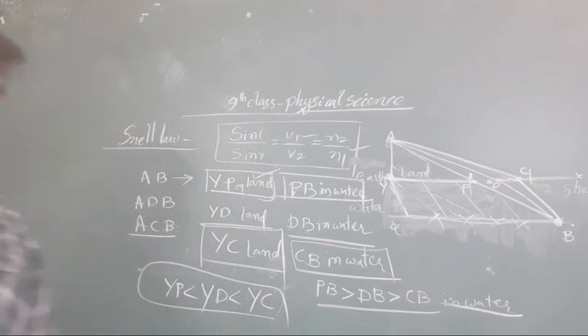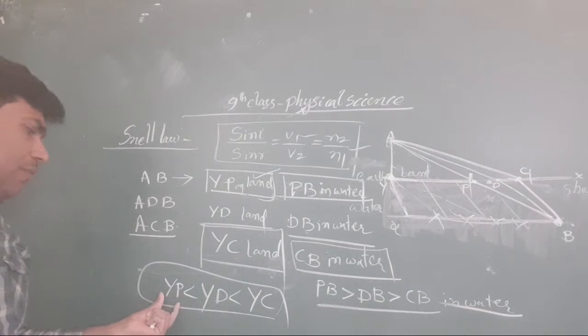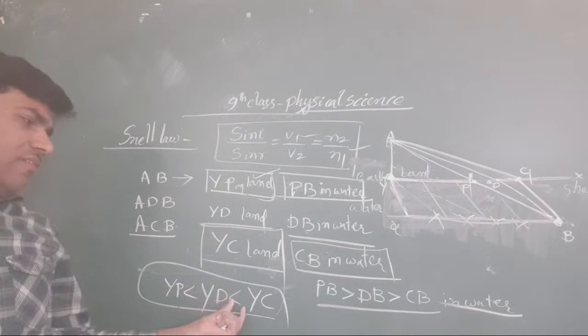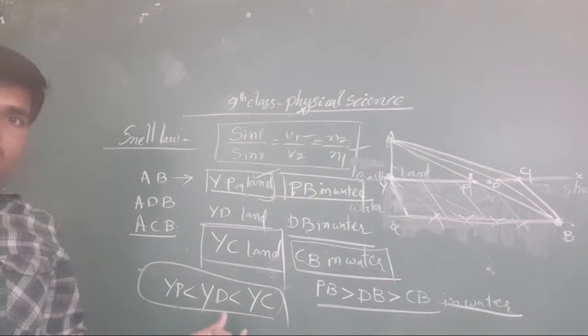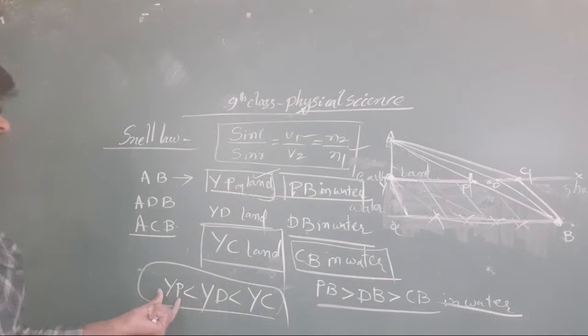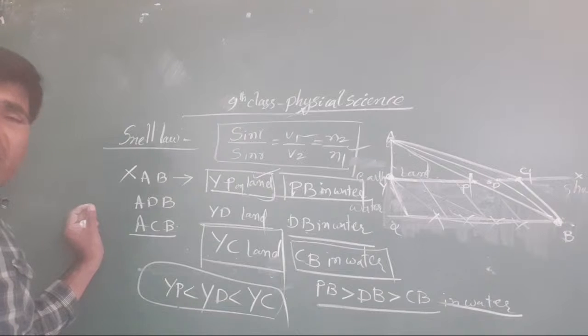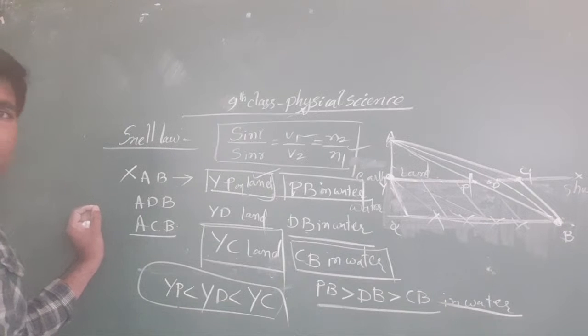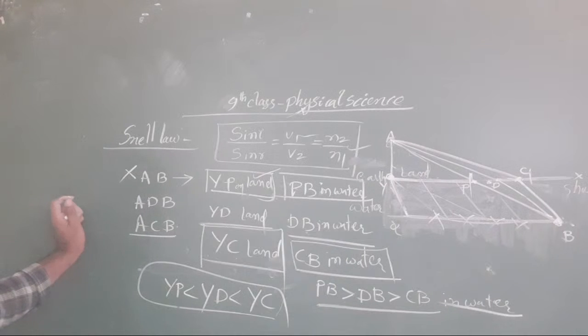Here what we are taking, YP is less than YD is less than YC. Now in this one YP is less in length. That's why you don't take this one. Less amount of traveling path is available on this path AB. AB is not a correct path.